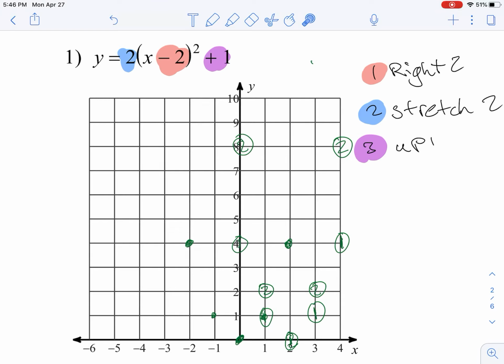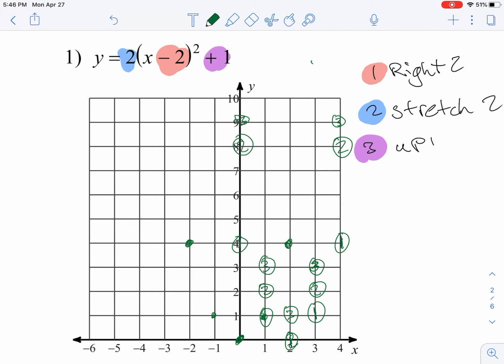And then step 3, and this is my last step, is to move all of my 2s up 1. So that's my new point. That's my new point. 3, 3, 3. I already got that one. So there's a lot going on.